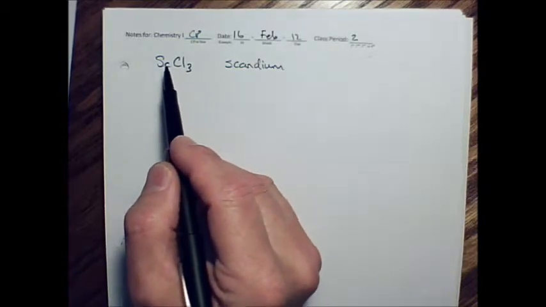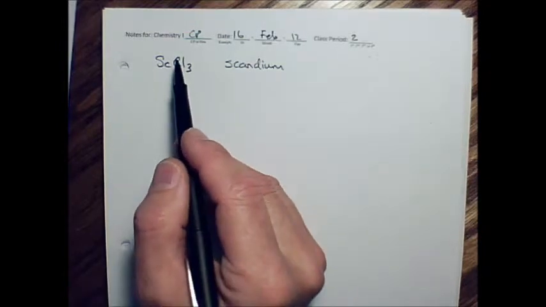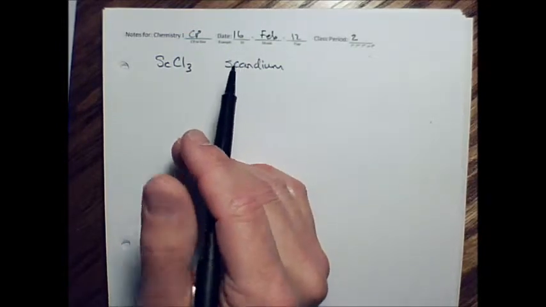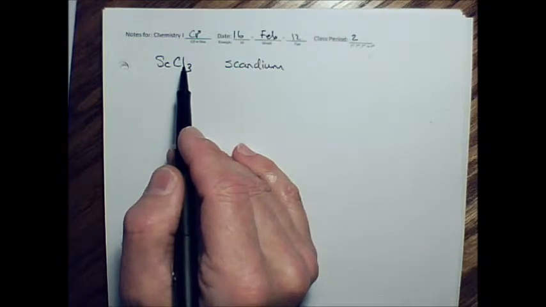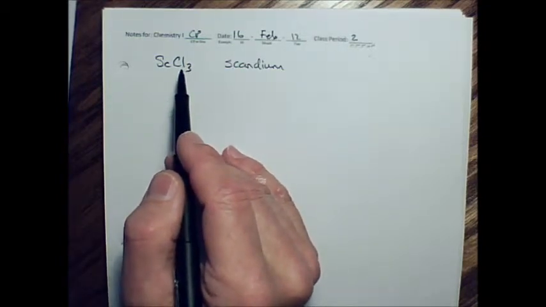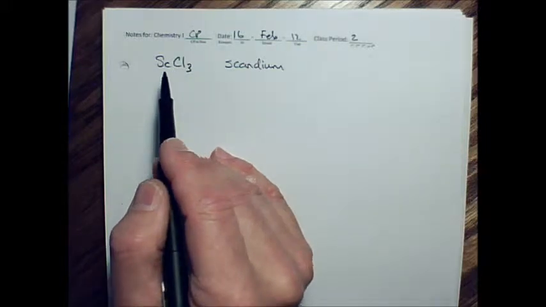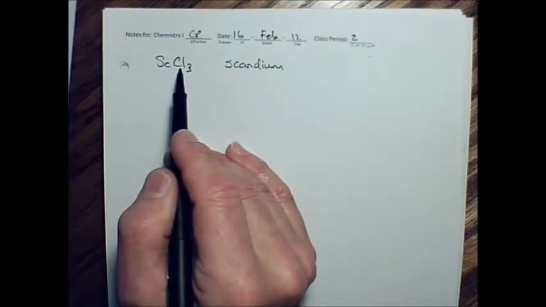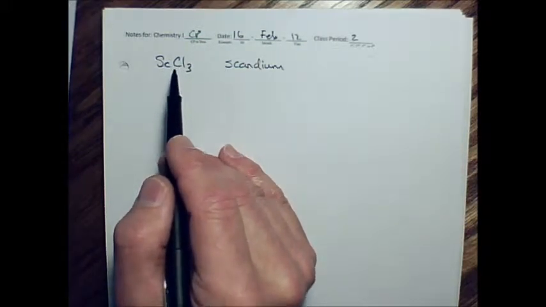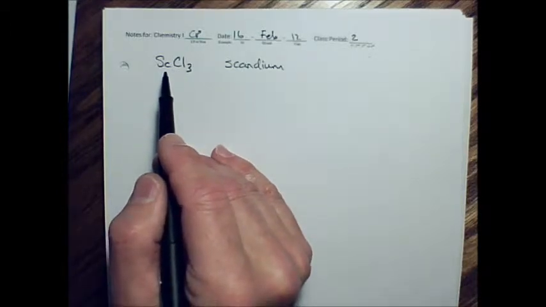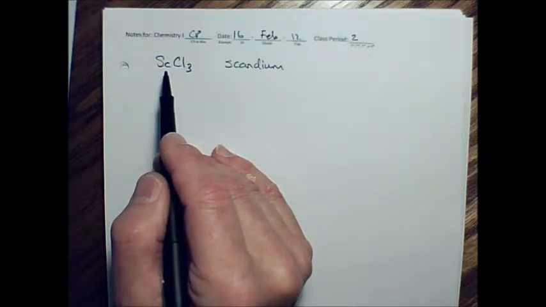If the formula contains a polyatomic ion, that's ionic. So a metal bonded with a nonmetal, or a formula that contains a polyatomic ion, it's ionic, and you use the ionic naming rules. If you hadn't written that down, you probably should have.